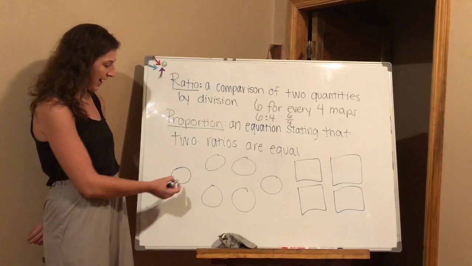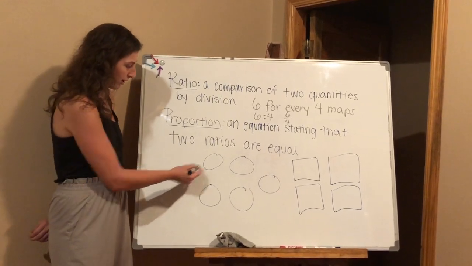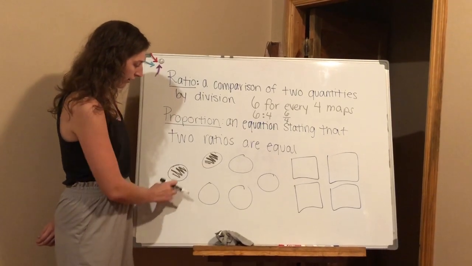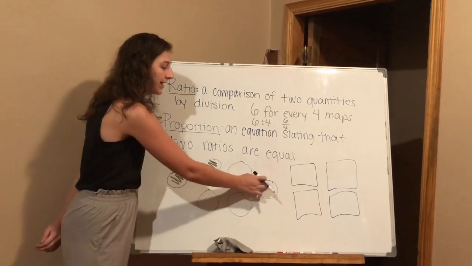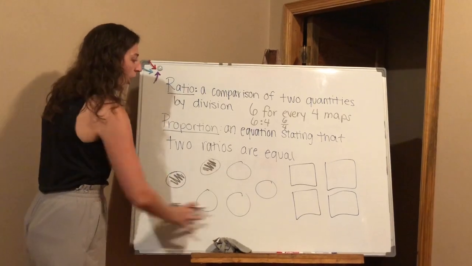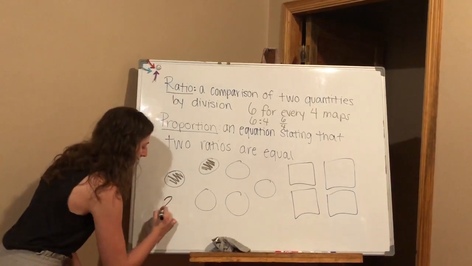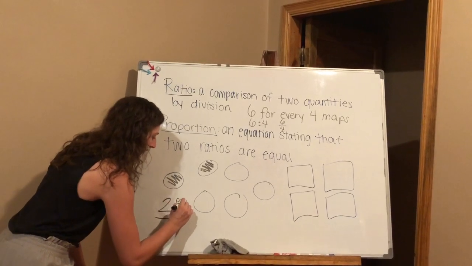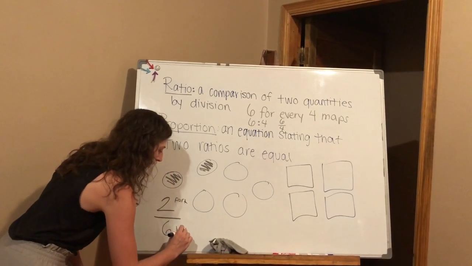If we wanted to do a fraction, I could say 2 of 1, 2, 3, 4, 5, 6 of the whole amount of globes are colored in. Do you see how this is part over whole?